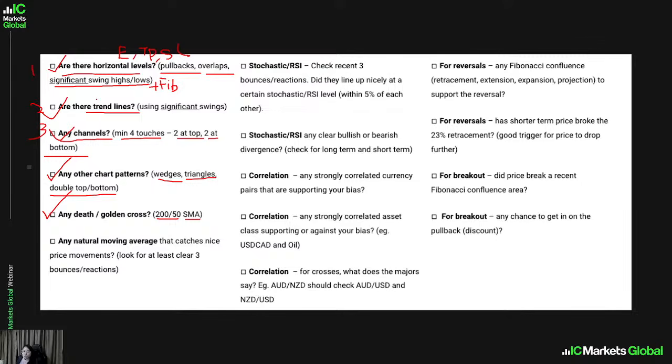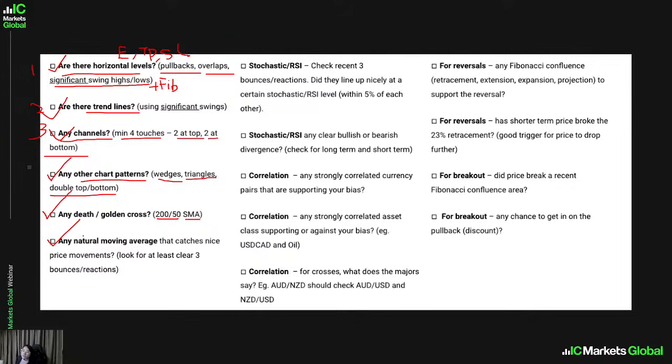When I say supporting data, I mean if your analysis is showing a buy, you now want to pull out the moving average. You also want to see if there are any chart patterns to help you make your decision better, to give you higher probability decision making. If you cannot find any golden or death crosses, you can try looking for a natural moving average.